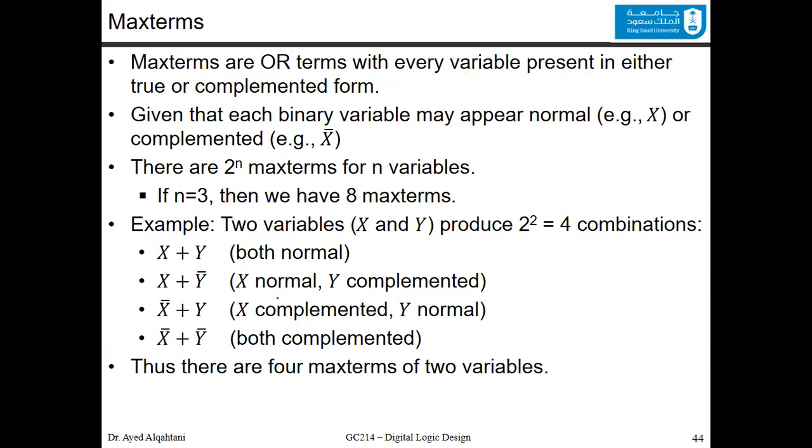As an example, if you have 2 inputs, you will have these 4 max terms. Notice that now we are ORing: x or y, x or y bar, x bar or y, x bar or y bar. Those are the 4 different max terms if you have 2 variables, x and y.